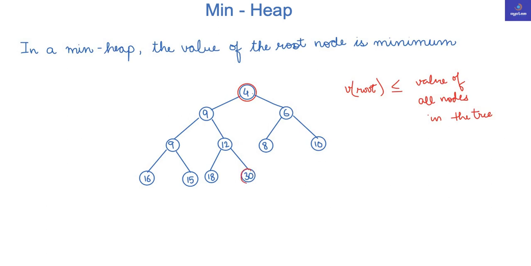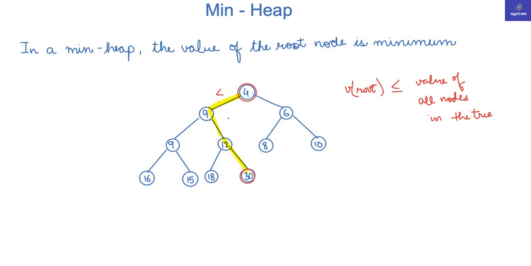Let's take this node. And let's look at the path joining the root node and this node. So if we look at this path, along this path, the value of the parent node will always be less than or equal to the value of its child nodes because that is the min heap property, right? So here the value of 4 is less than 9.